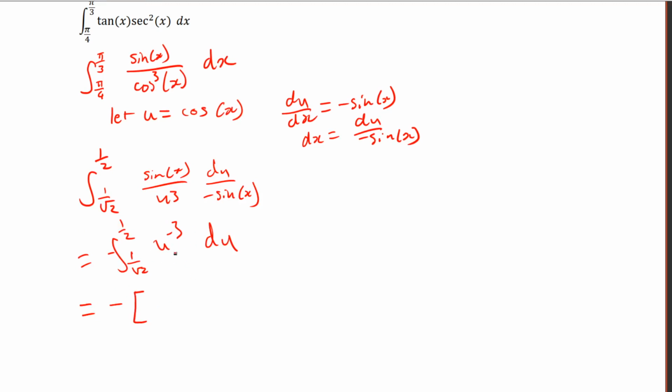u to the power of minus 3, I raise the power and divide by the new power. So there's u to the minus 2 on minus 2, from half to 1 on root 2. These minus signs should cancel. So I have essentially 1 on u squared, from half to 1 on root 2.